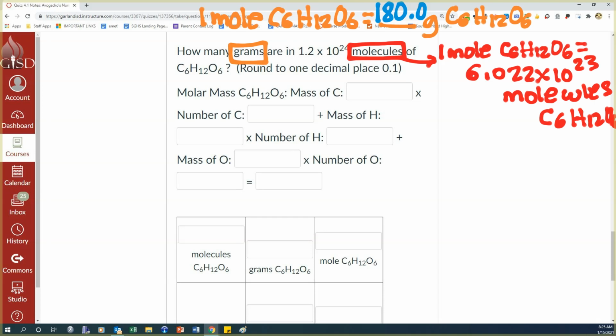Molar mass of C6H12O6: the mass of carbon is 12 times the number of carbon, 6. Mass of H is 1 times 12. Mass of oxygen is 16 times the number of oxygen, 6. That is confusing, but we know it's 180.